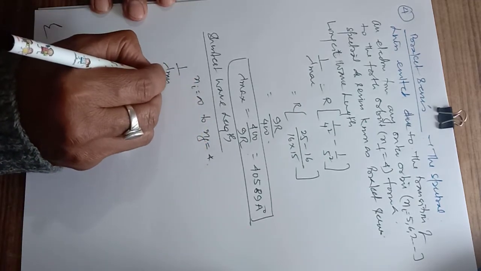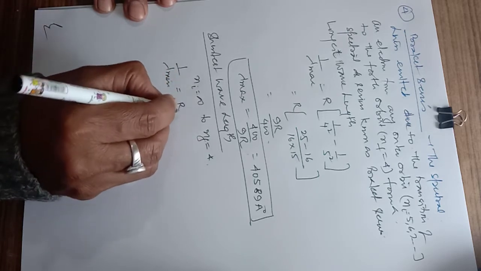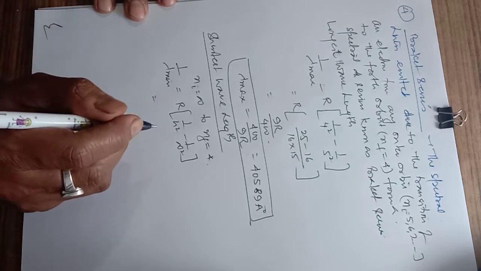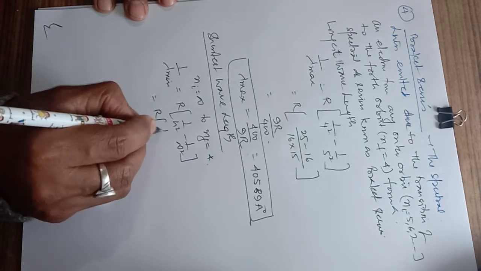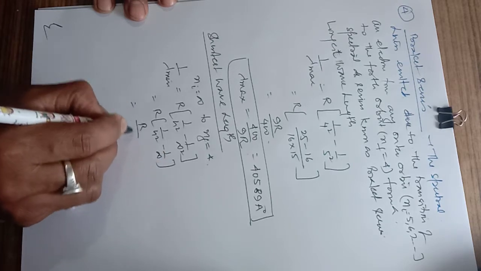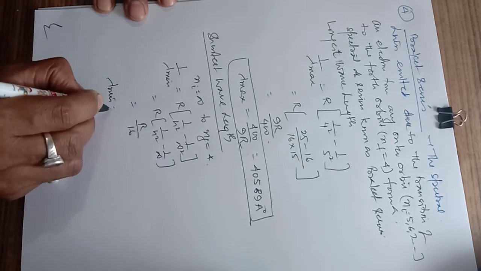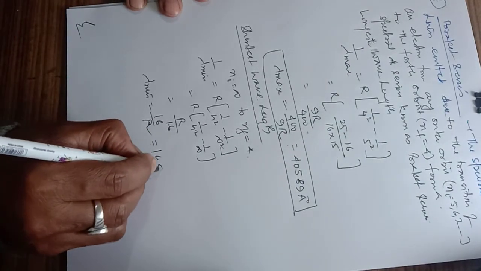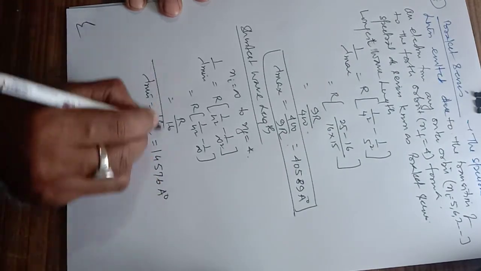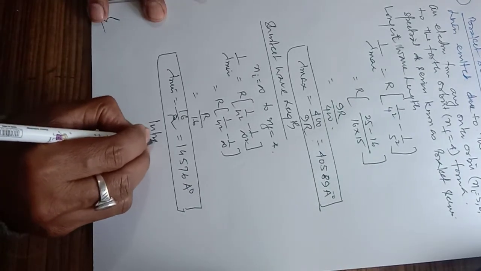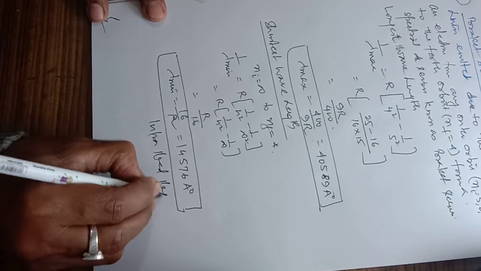So 1/λ minimum is equal to R(1/4² − 1/infinity²), that is R/16. λ minimum is equal to 16/R. So it is nearly 14576 angstrom, and it is also in the infrared region.